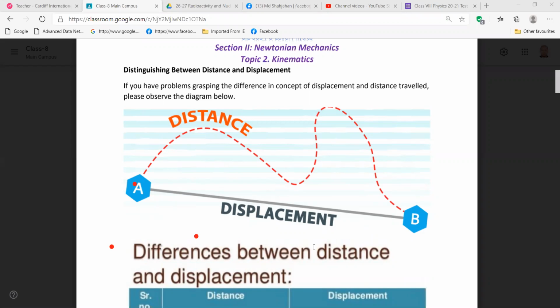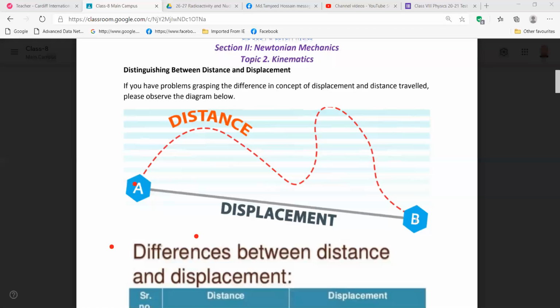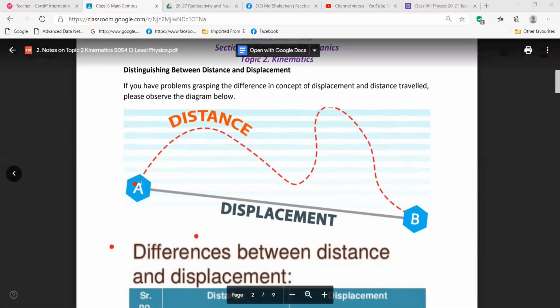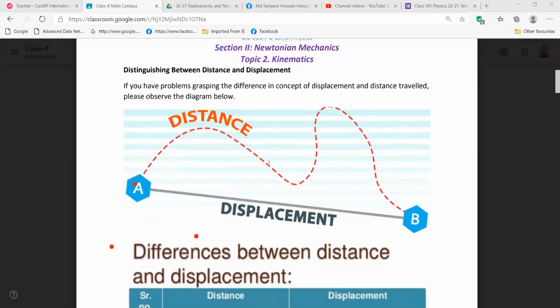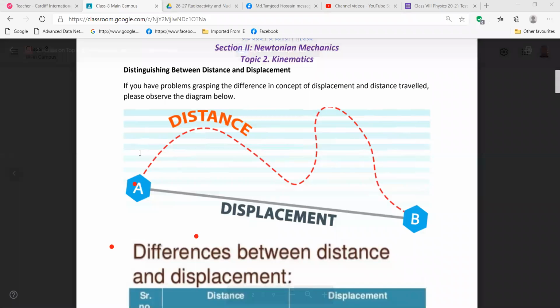So here I gave one example. Place A to place B, someone is going, and he is following this path, the red colored one. From A to B, he is going. This one is showing the direction change, right?